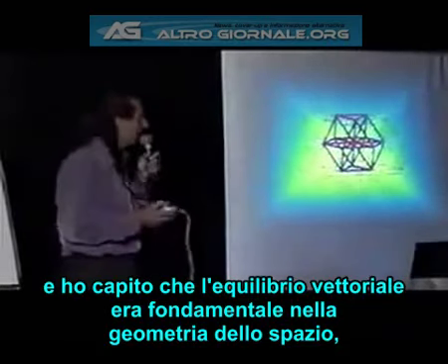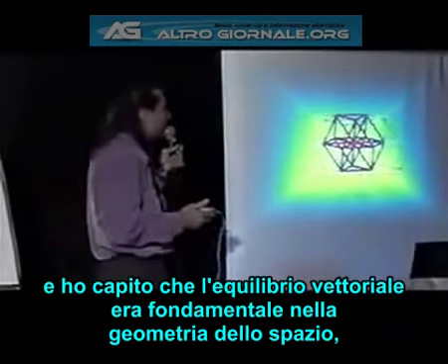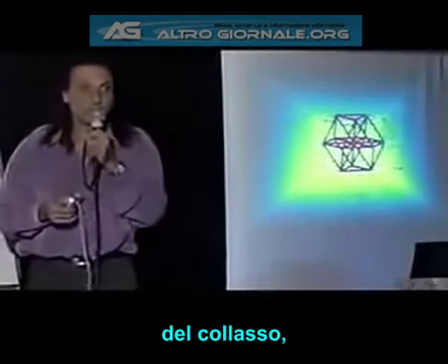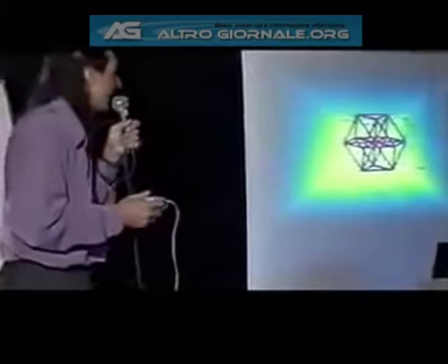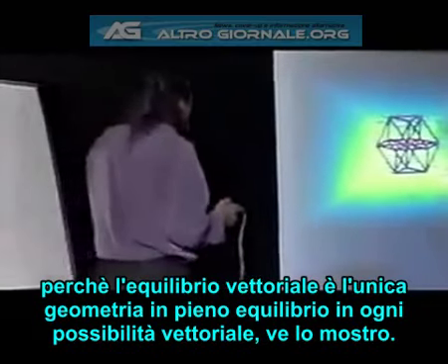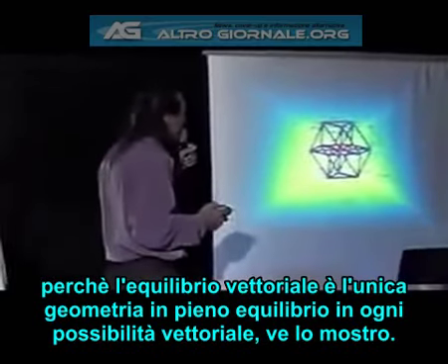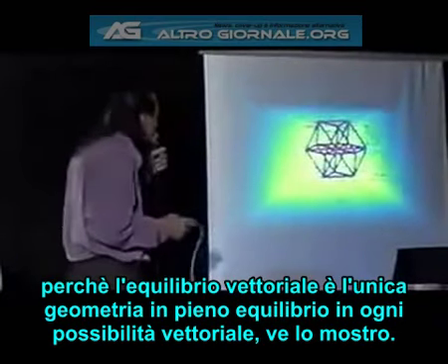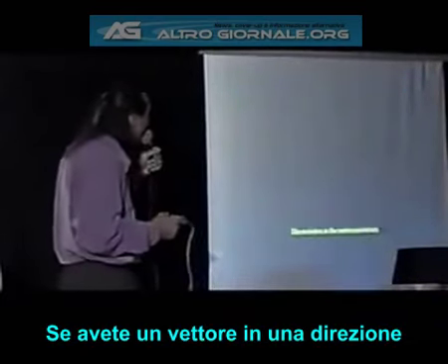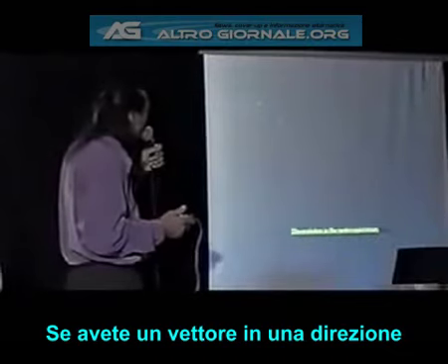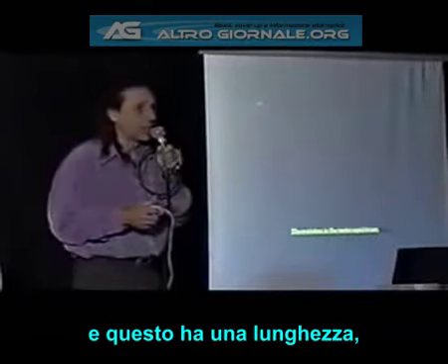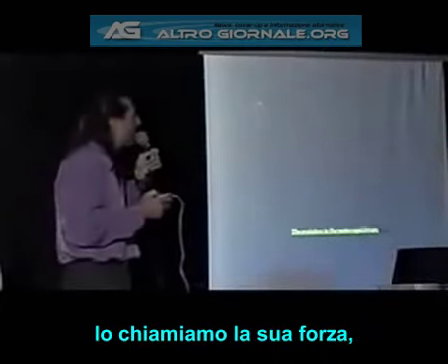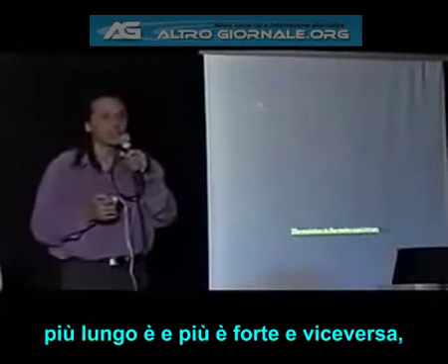And I realized that the vector equilibrium had to be fundamental to the structure of space, of the collapse. Why is the vector equilibrium the only geometry in full equilibrium in all vectorial possibility? Let me show you. If you have a vector going in one direction, and that vector has a certain length, we'll call the length of the vector its force.